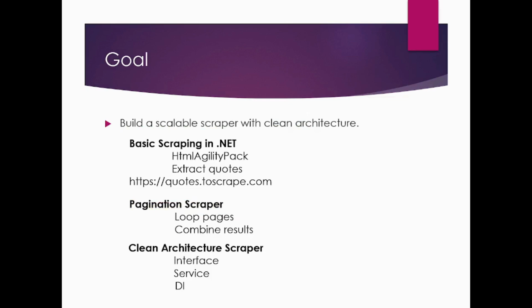For basic scraping, we need HtmlAgilityPack, which is available with Visual Studio 2022 or Visual Studio Code, and we will use this particular website to read the content. We can take any site, but this is a standard one we can use for scraping. We will also show pagination, because this page has multiple pages, so you can loop and combine all the scraping results.